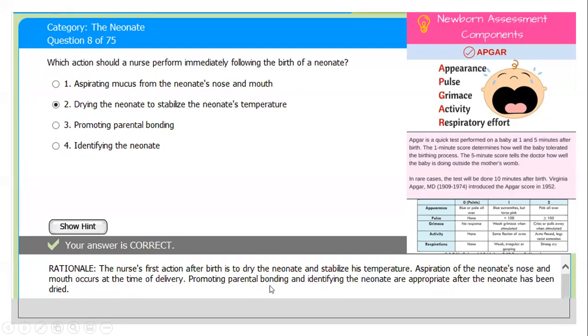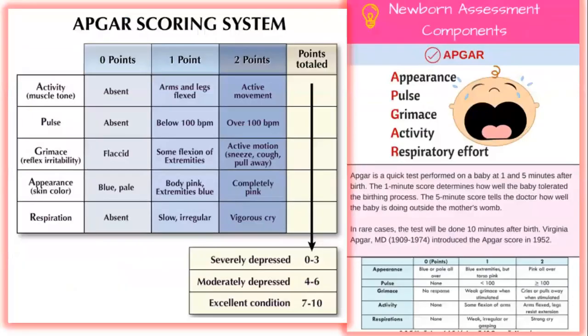Promoting parental bonding and identifying the neonate are appropriate after the neonate has been dried. So first of all here, when a baby is born, we have to go for newborn assessment.